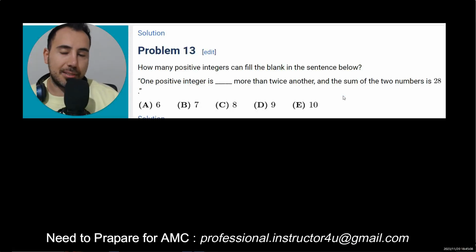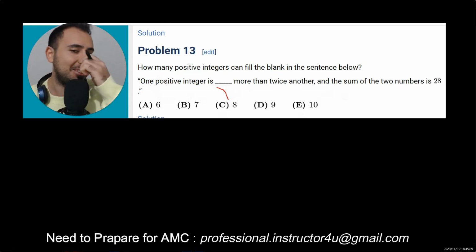It's quite possible that you read this question, you understand it, but not quite fully, and then you get the question wrong. Because when you read this sentence, one positive integer is 8 more than twice the other number, are you looking for one number?